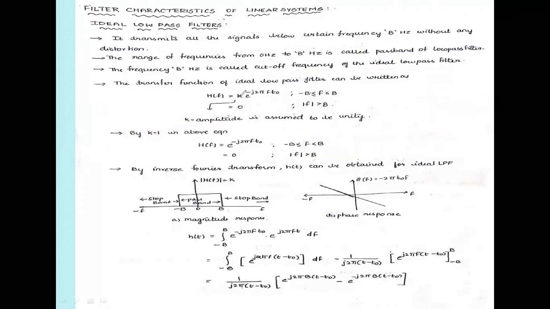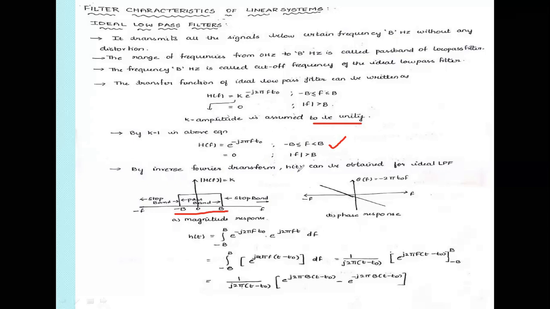My dear students, the transfer function amplitude is K, and it is an exponential function e power minus j omega, in terms of f, 2 pi f into t naught. Where K is an amplitude assumed to be unity, and when K is equal to 1, H of f is equal to e power minus j 2 pi f into t naught in the range of minus B to B, and 0 greater than that, the stop band.